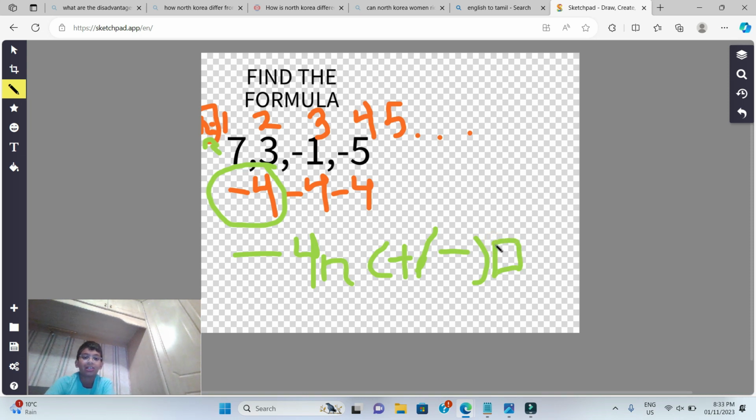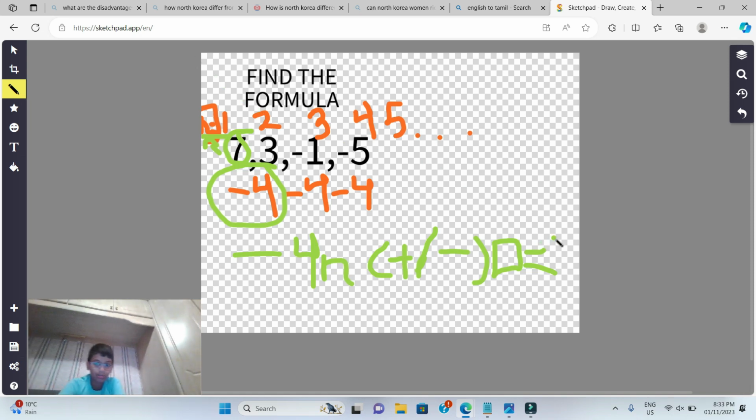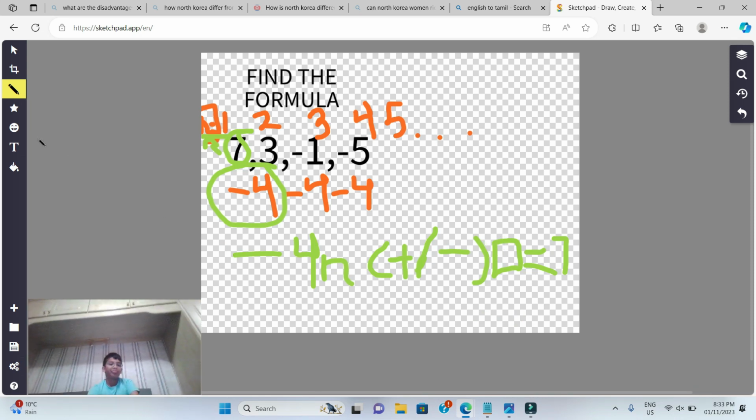and now what number do we get? Let's take an example. We take the first one, which is 7. The first term is 7. So we write 7 here. We need to find is it plus or minus. Okay, so we have to find that.